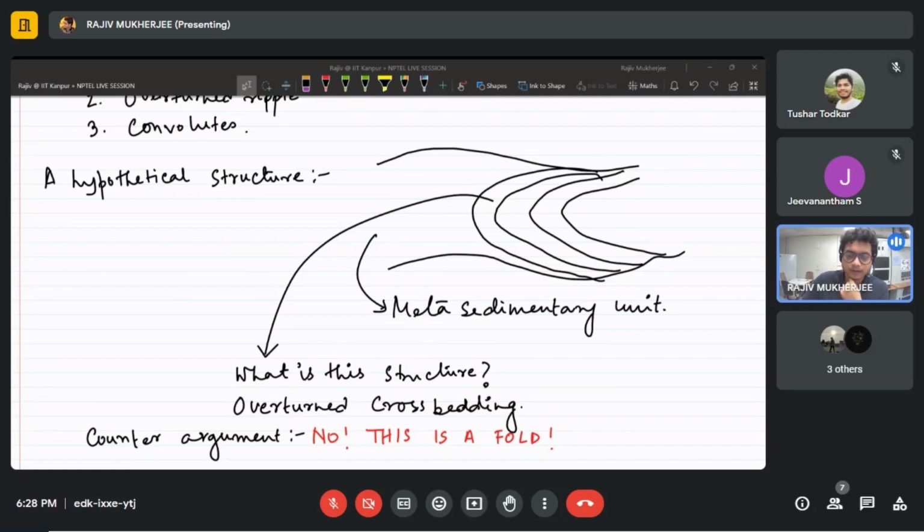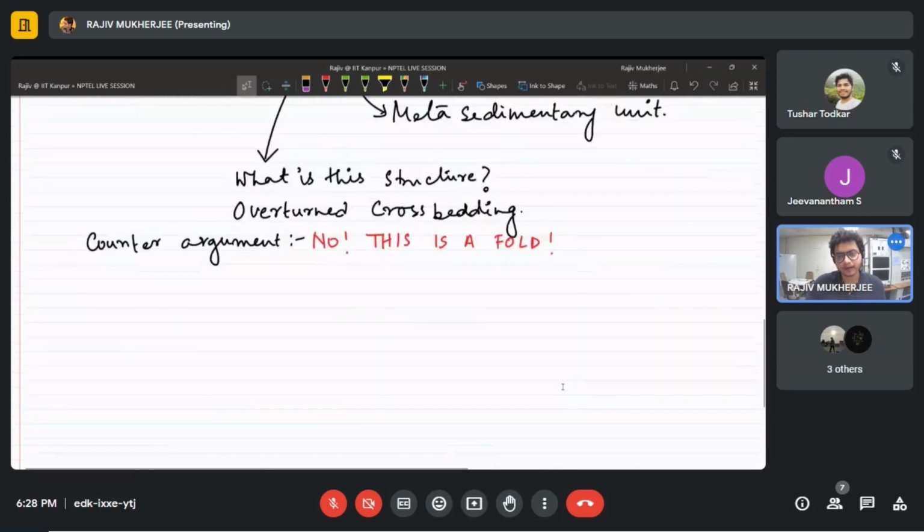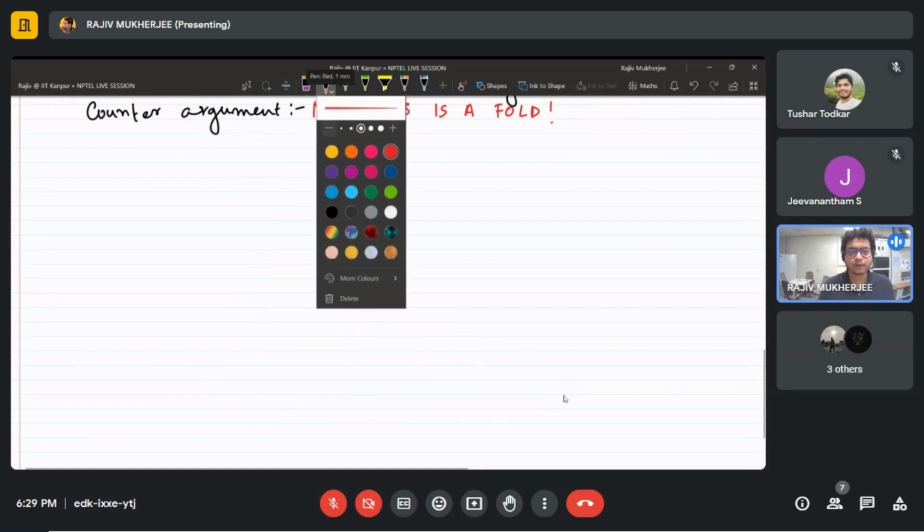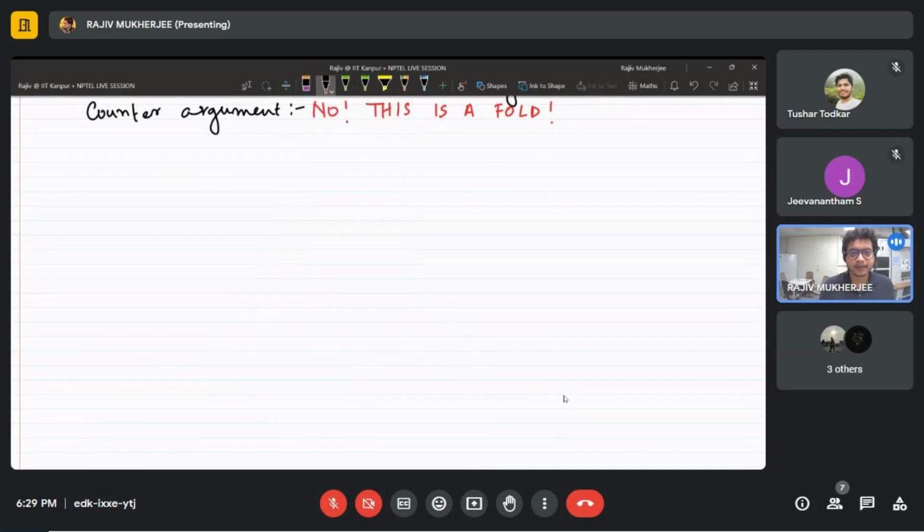Okay, so let us go back to our discussion. Let us see how these structures are forming. So I am making a column here.